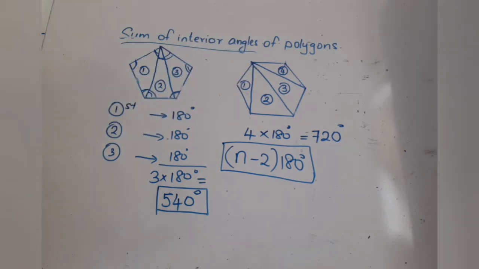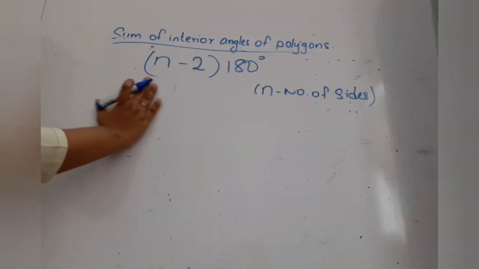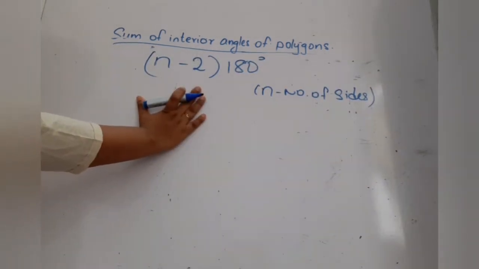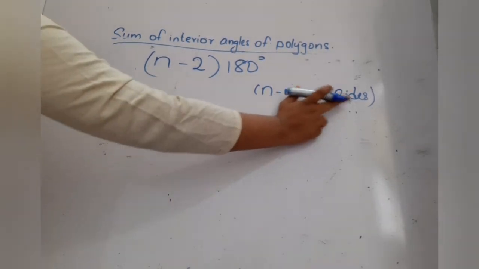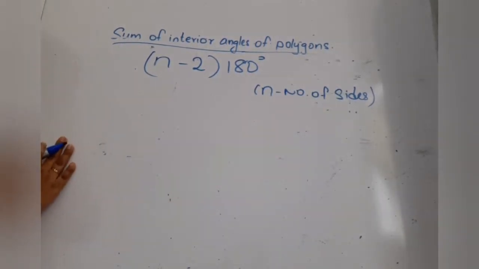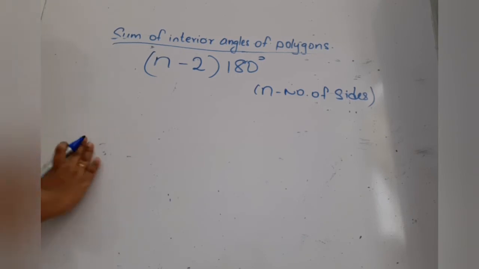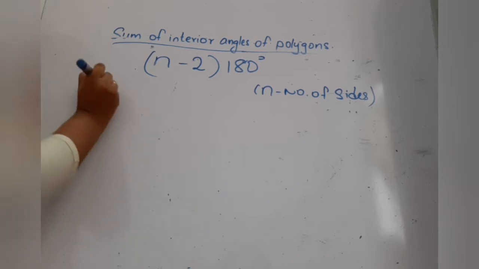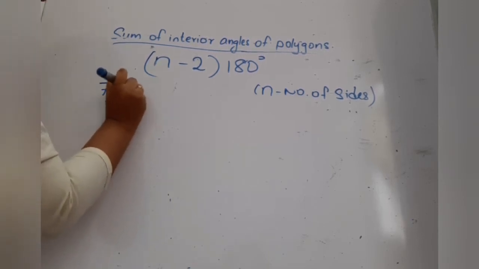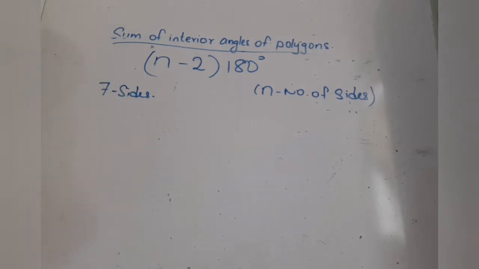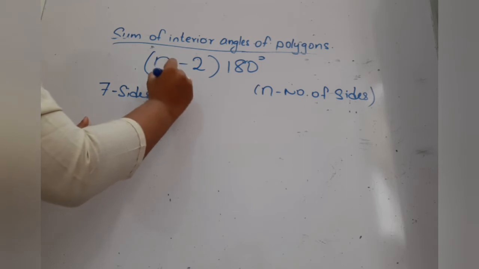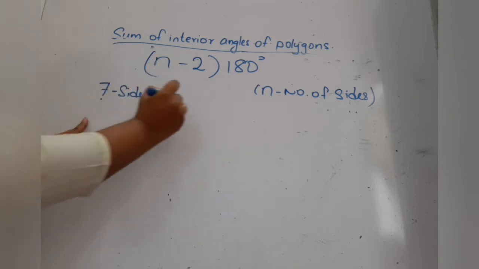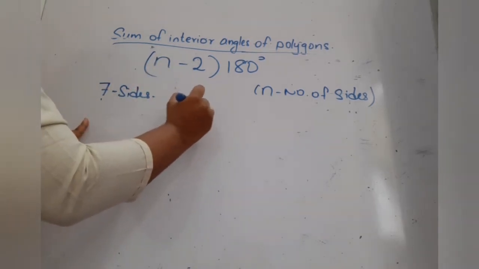So let me write it neatly for you. This is the formula derived to find the sum of interior angles. Here n denotes the number of sides of the polygon. So let's find the sum of interior angles of a polygon with 7 sides. How do we find it? Instead of n, what should come? It has 7 sides, so n should be 7, giving 7 minus 2.